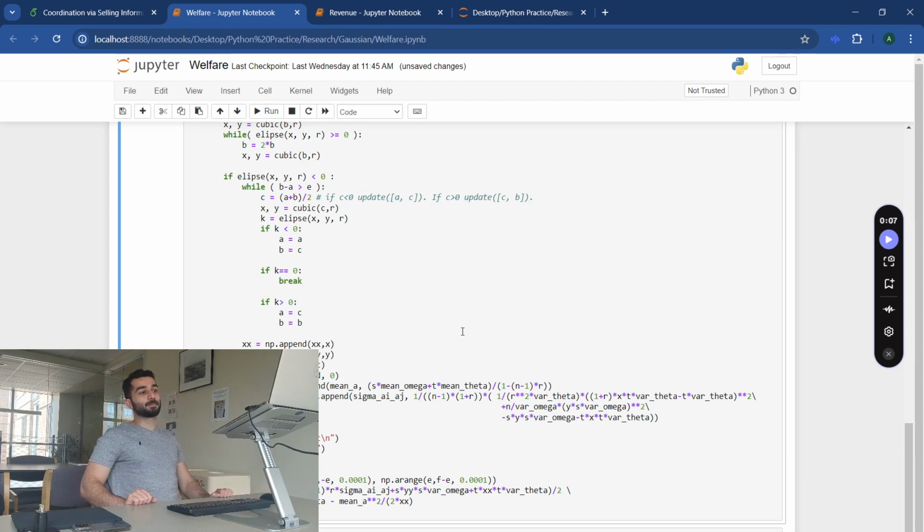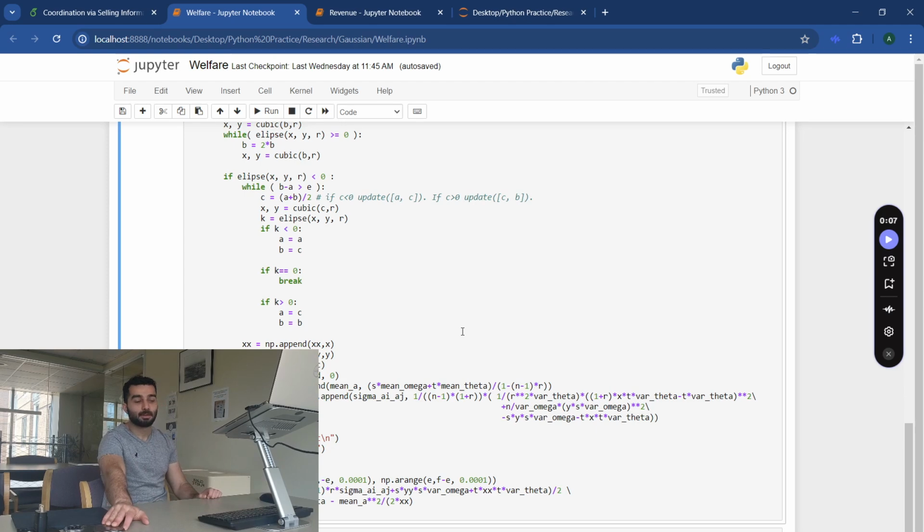Okay, by the way, what is payment? We want the optimal welfare that leads to, among all the optimal welfare functions, we want the one that maximizes payment or revenue.